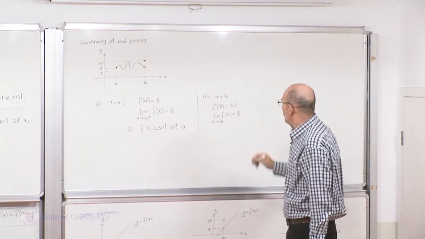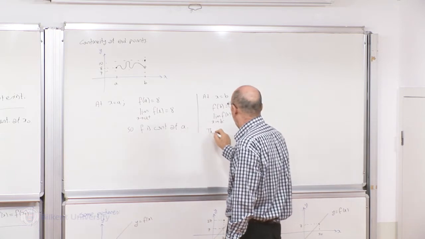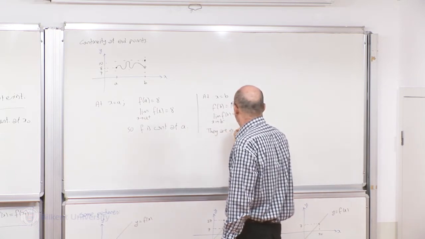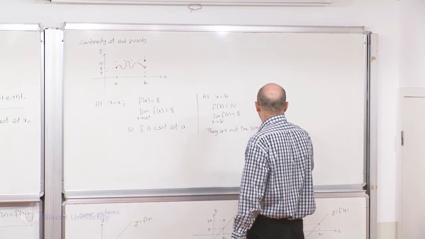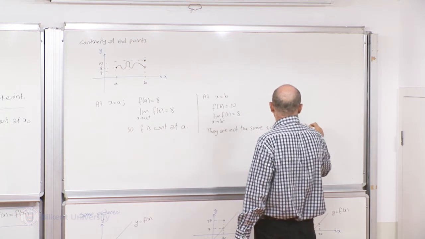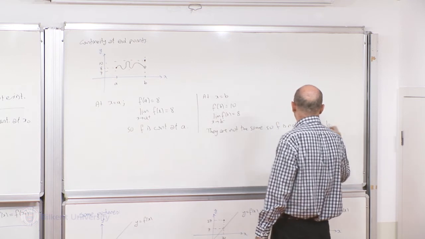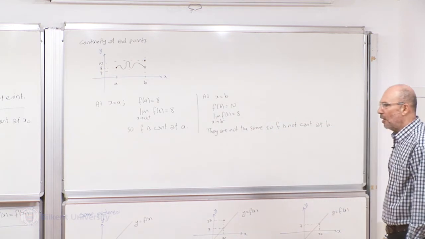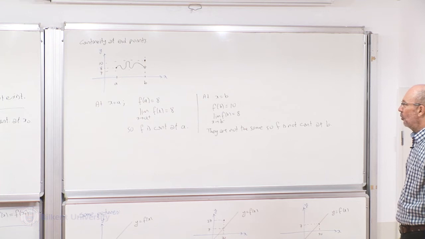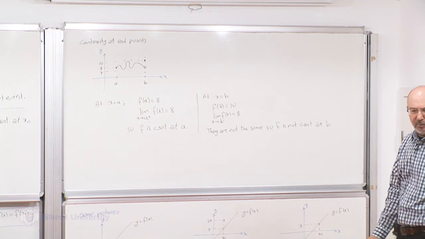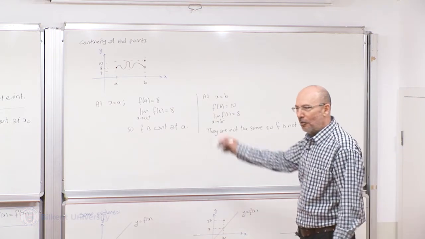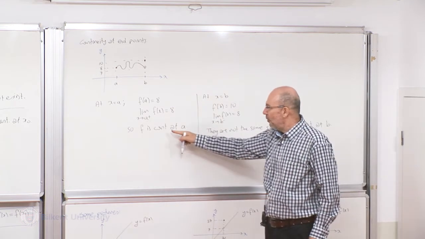So they are not the same, and f is not continuous at b. One of them is called continuity on the right, one is called continuity on the left. I can never memorize which one is which. So this is the concept.